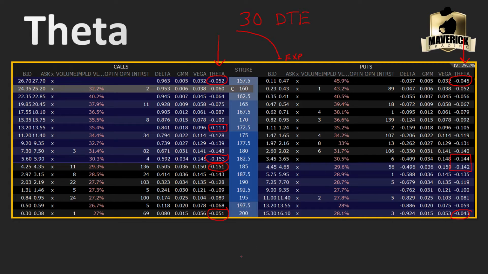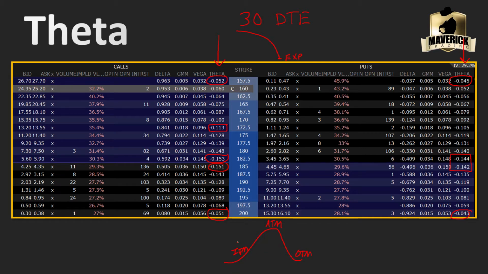So theta can be drawn like this in that the peak here are at the money options. At the money options will always have the highest amounts of decay. Deep in the money or way out of the money options will have much less decay because that's just how they trade.